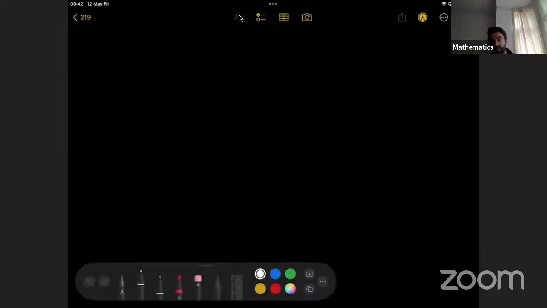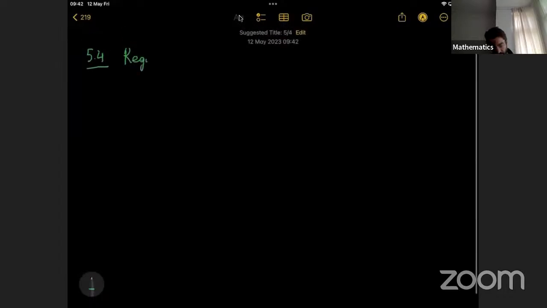So these are singular points, but they are not too bad, and we can still find a series expansion in that case. This is section 5.4 in the book.